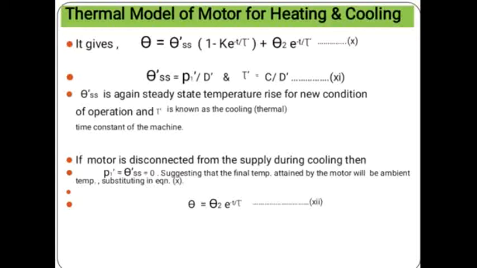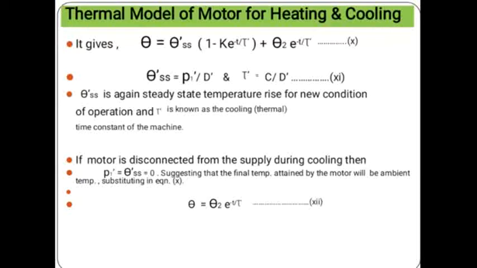Now θ dash ss is again the steady state temperature rise for the new conditions of operation, and tau dash is known as the cooling or thermal time constant of the machine.